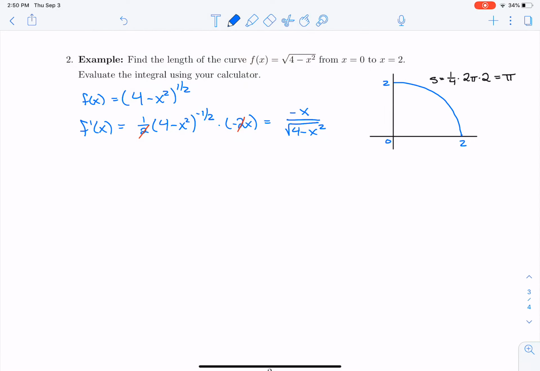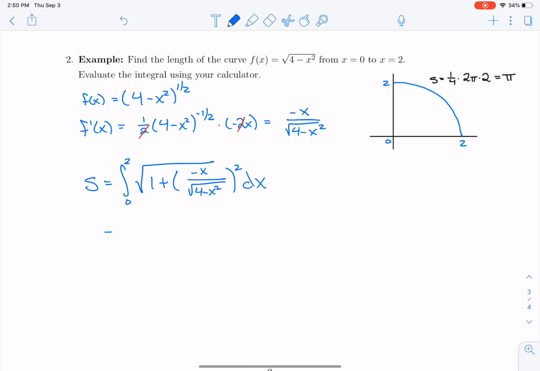Okay, so s, which is my arc length, is going to be the integral from 0 to 2 of the square root of 1 plus the derivative, negative x over the square root of 4 minus x squared, dx.